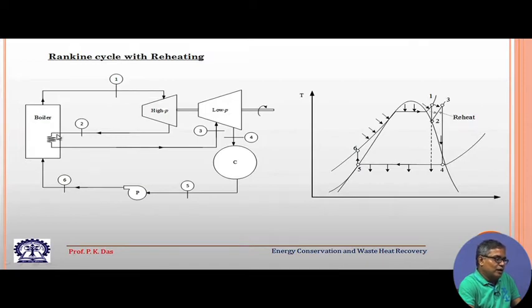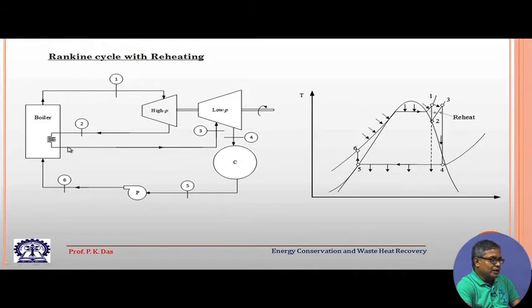This is called reheating process, and the section of the boiler where this is done is called a reheater. And you see, this is again one energy conservation option or energy conservation technique. If the flue gas could have gone with high temperature, once we have reheat we can extract some more energy out of it.